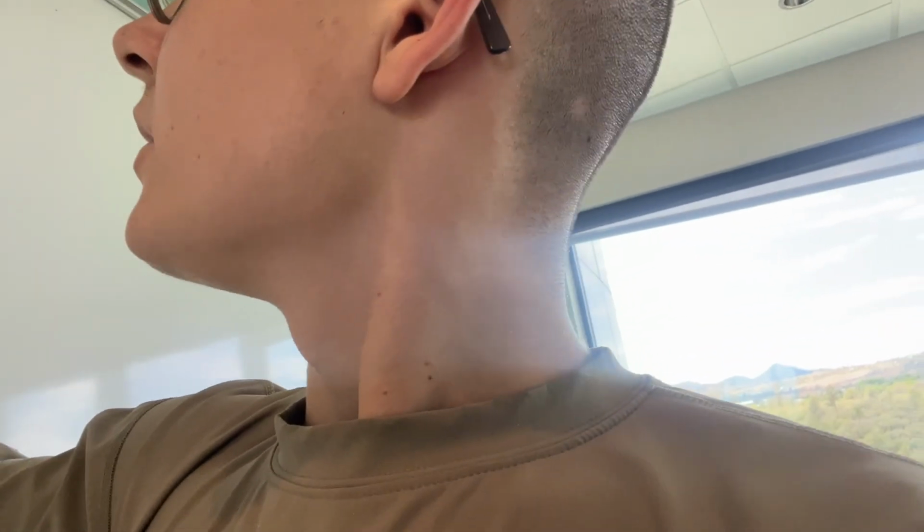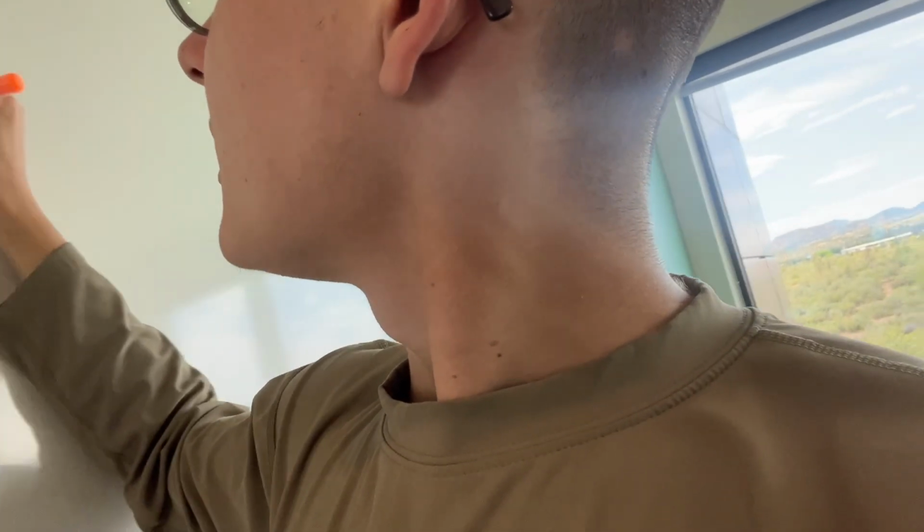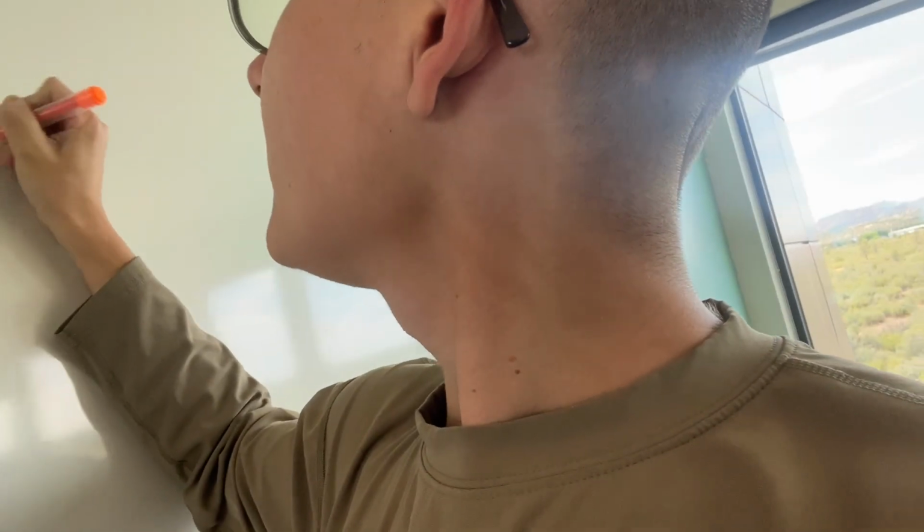So let's draw that on the board to remember that. So remember, 100 RPM, we also have the rule of it is equal to approximately 5 knots of change.